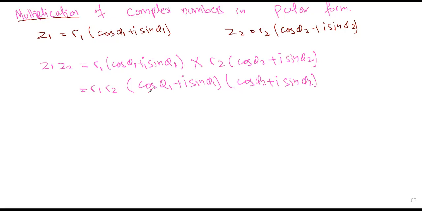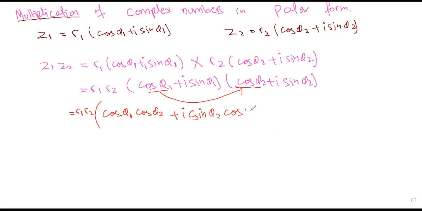So cos theta 1 multiplied by cos theta 2. This will give me R1 R2 is fixed, and this would be cos theta 1 cos theta 2. Then again cos theta 1 multiplied by iota sine theta 2. So this should be plus iota sine theta 2 cos theta 1. Then we have plus, I have to multiply this with the first factor.